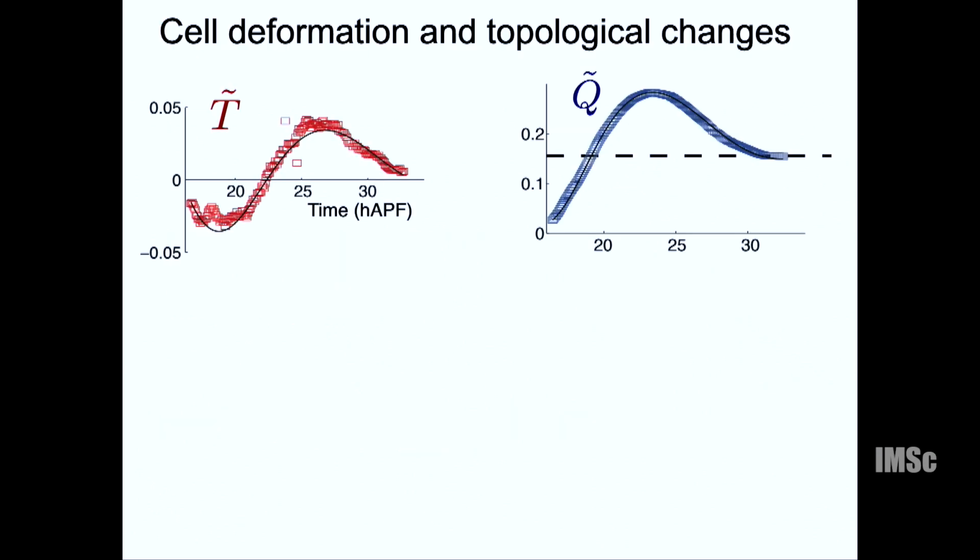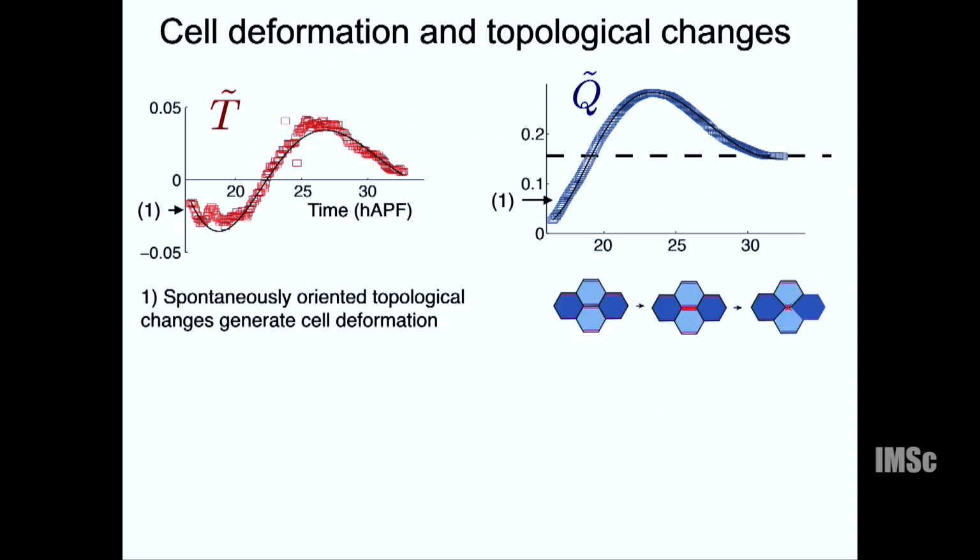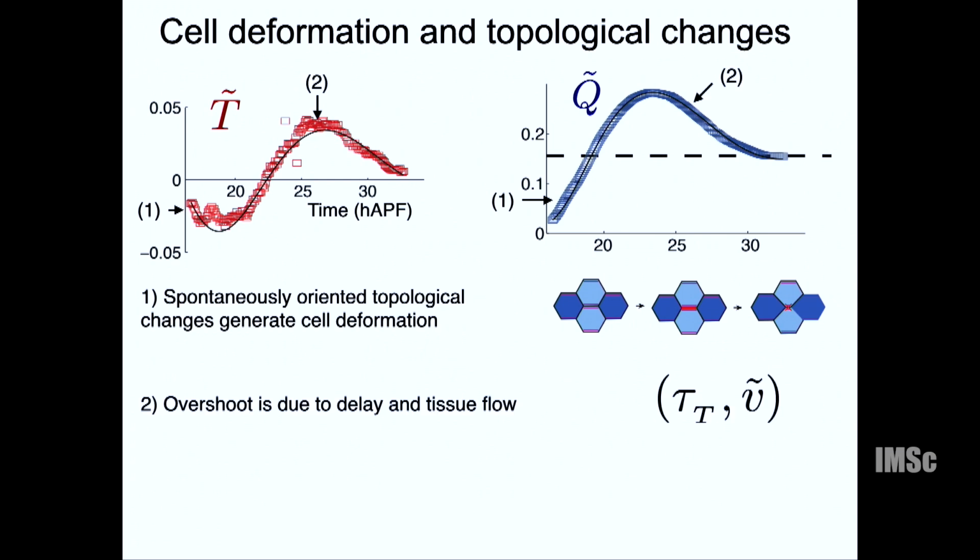And now one can explain this a little better. Initially we have these negative T1 transitions, which means there is more elongation in the y direction. But because of the cell elongation, which is increasing in the positive direction, at some point, because of the delay, the T1 responds to this cell elongation increase at a later time.